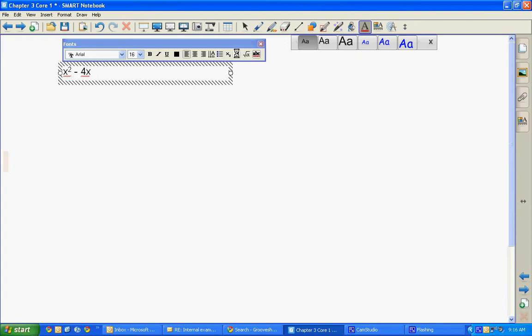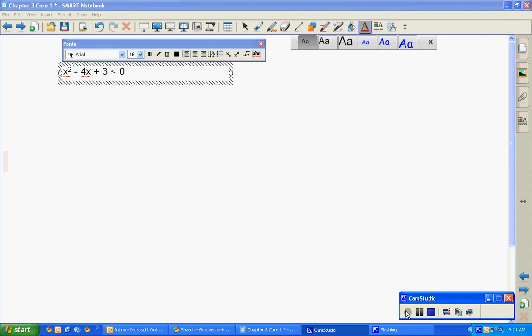As it's a quadratic, we want the right hand side to be 0. Let's take this quadratic, x squared minus 4x plus 3 is less than 0, and have a look at how we do that.